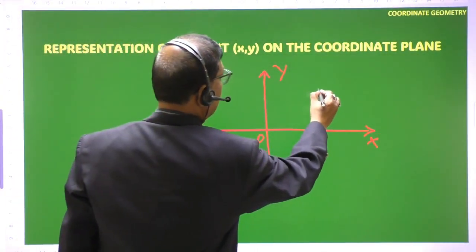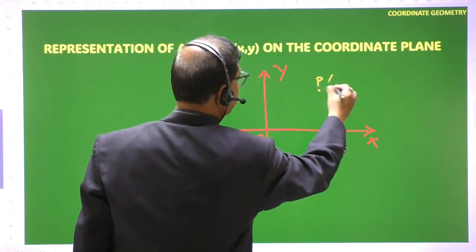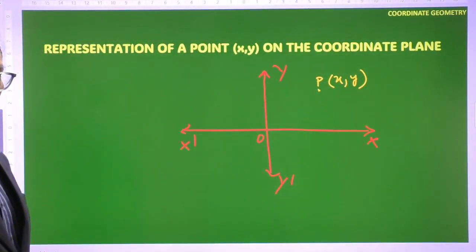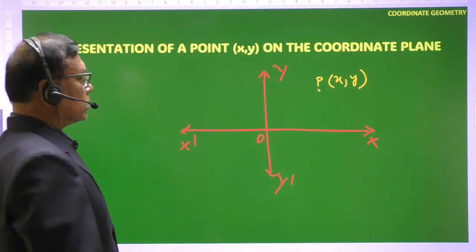Now I am taking point P here, whose coordinates are x, y. Is it clear?